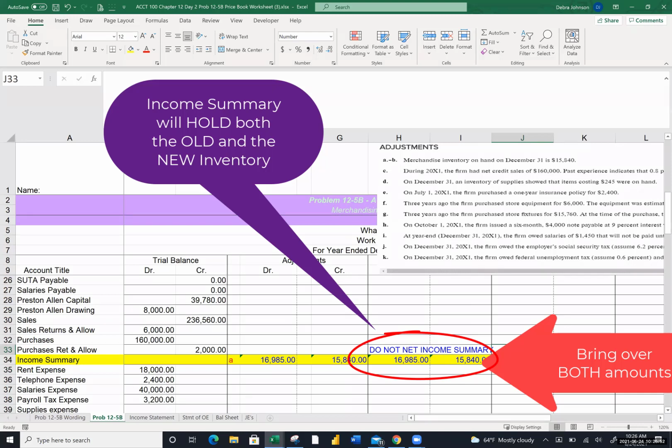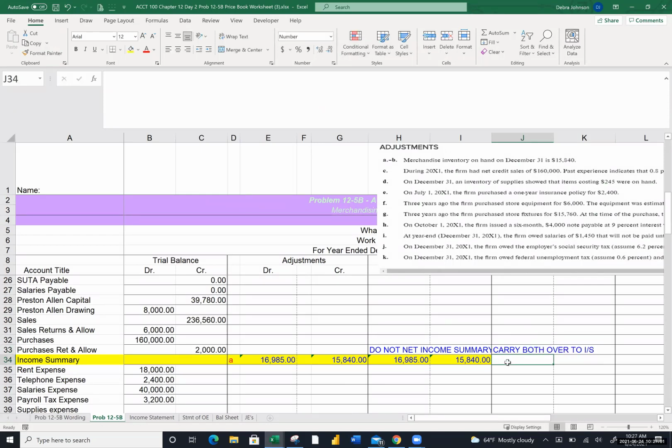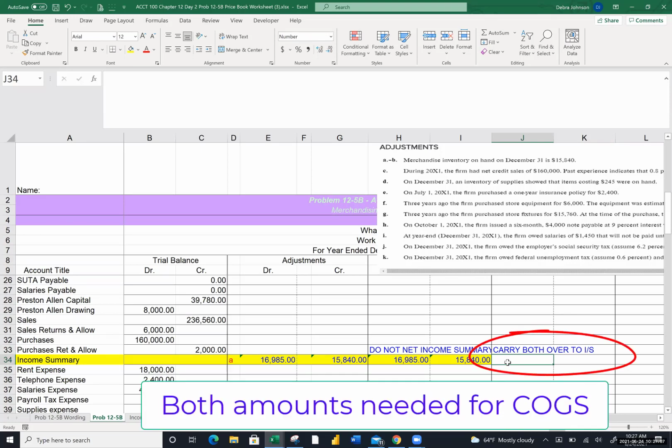So another note, carry both over to income statement. Why? Because you saw at the start of class, this is going to be necessary on the income statement to compute that big chunk called cost of goods sold. So carry them to both places. Do not net, carry them over. I'm going to highlight that too.